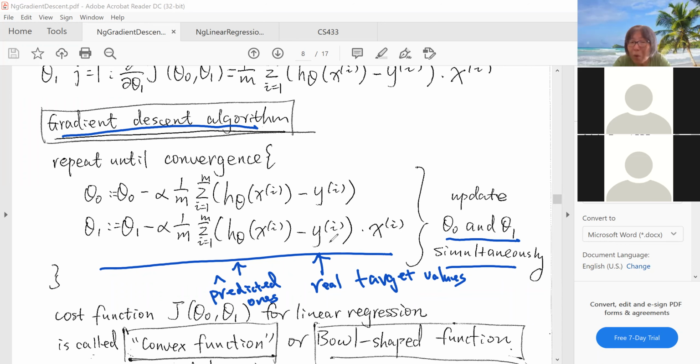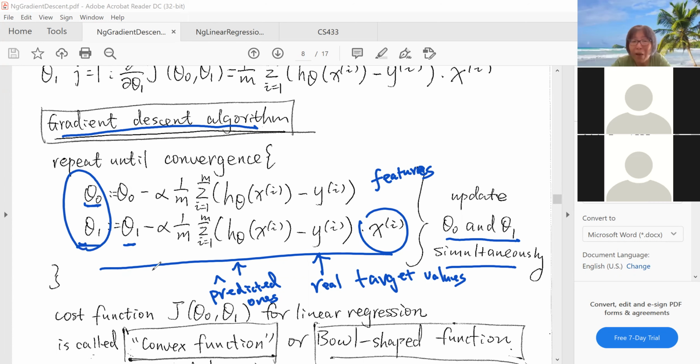So we know both. And this value, we also know, this is the feature. That's why you can keep calculating this, and keep updating the weights, and then we can find the optimized weights for our goal.